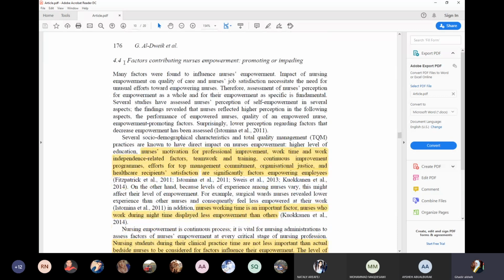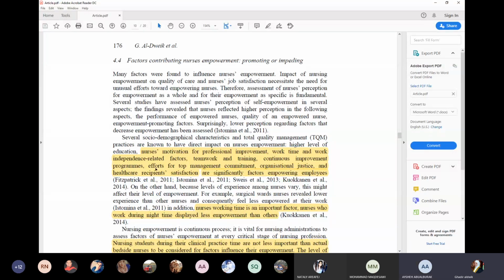Note that we are talking now about factors contributing to nurses' empowerment, promoting or impeding factors. And we will discuss nurses from different sides, for example, nurses in a clinical area, nurses as students, and nurses as educators. And we will mention in this article certain strategies to enhance all types of those groups, okay?